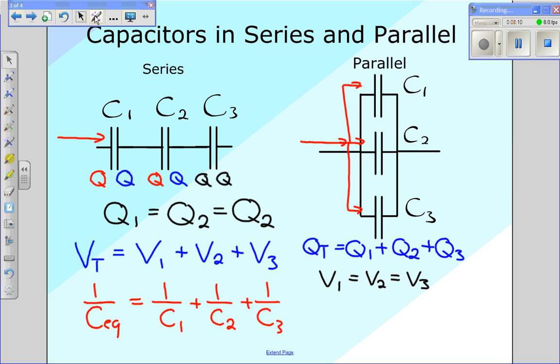Now, the way we add capacitors in parallel is actually like we add resistors in series, in that the capacitances in parallel are simply just going to add up. And so in this case, we're going to have equivalent capacitance is equal to C1 plus C2 plus C3.